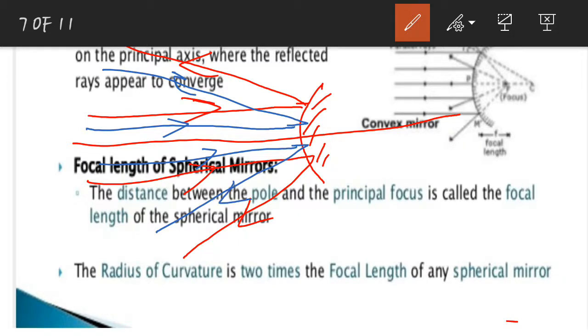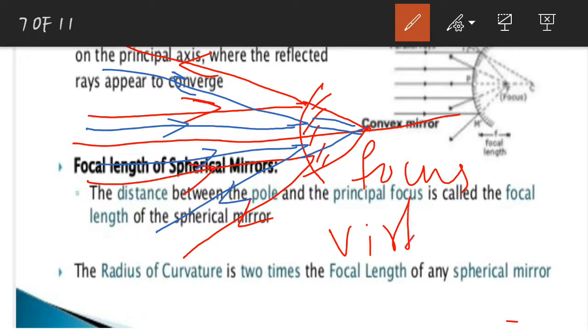Now these rays are not meeting at one point, but we have to extend these lines backward. They will meet here like this. This point we call the focus, and this is a virtual focus.